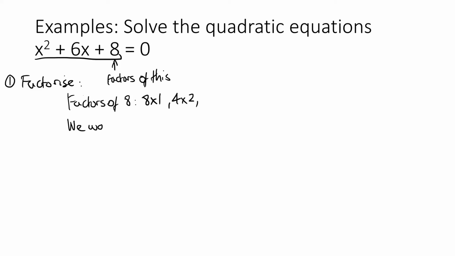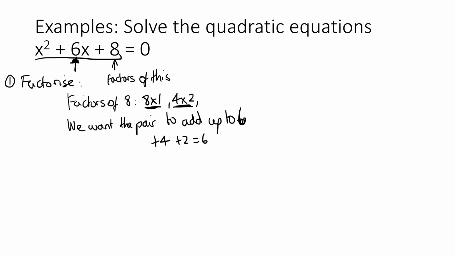We want the pair to add up to the middle number, which is 6 in this question. So we want to add up to this number in the middle. So 8 and 1 won't ever make 6, but 4 and 2 can. If we do plus 4 plus 2, you're going to get 6.